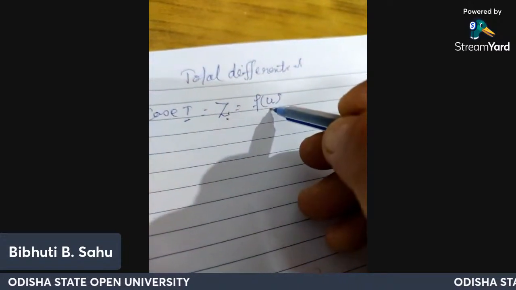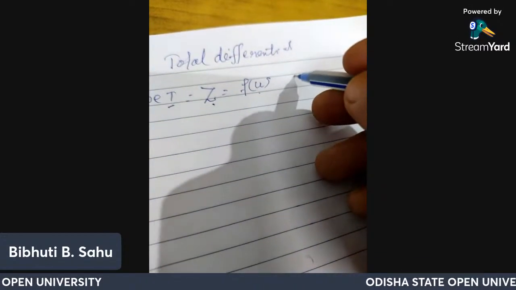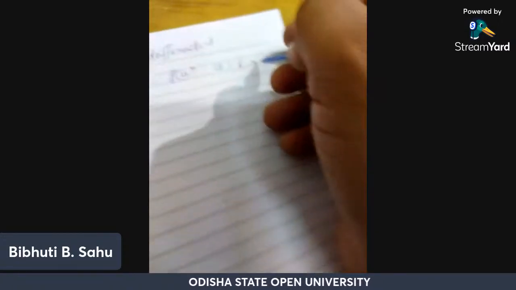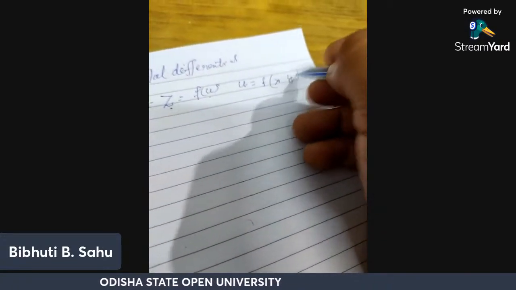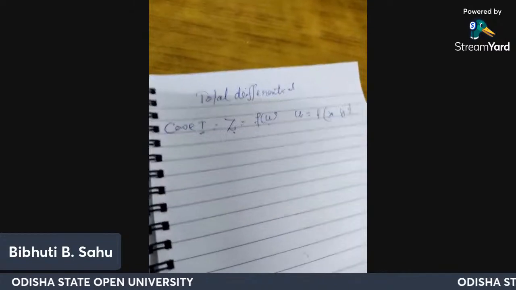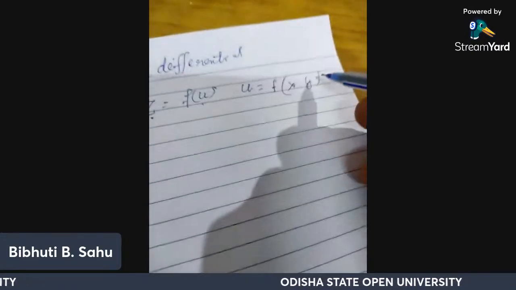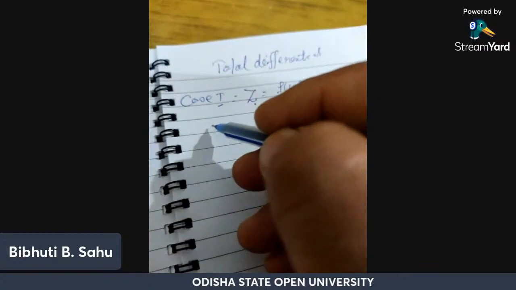Z is a function of u, and u is a function of x and y. Then what is the total differential here? So we write the total differential as dz.